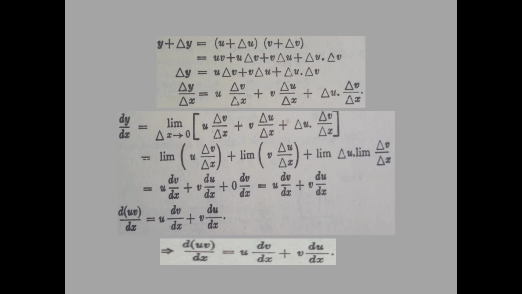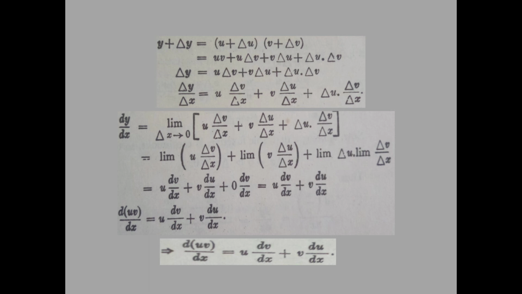Now we can rewrite it by using algebraic laws, that is, the product is distributive over addition. We write it as u into v plus v into delta u plus u into delta v plus delta u into delta v.